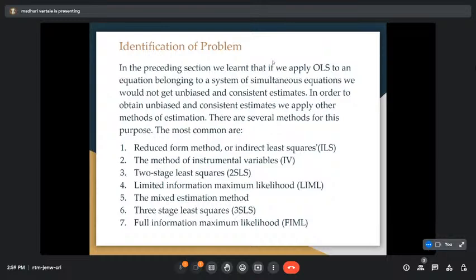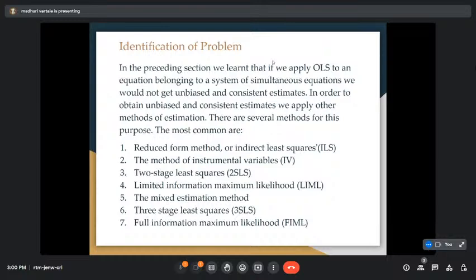And for that, there are seven other methods: the reduced form method, the direct least square method, the method of instrumental variables, the two-stage least square method, limited information maximum likelihood (LIML), and the mixed estimation method, then the three-stage least square method, and the full information maximum likelihood method.